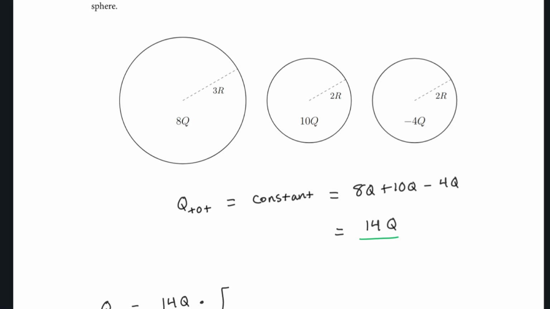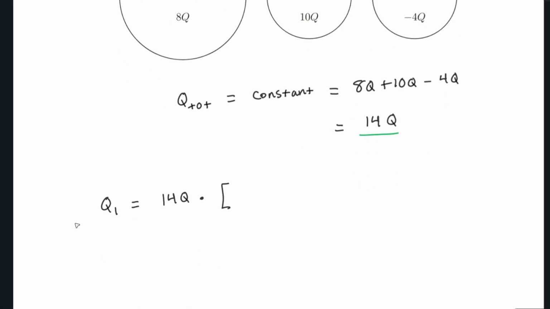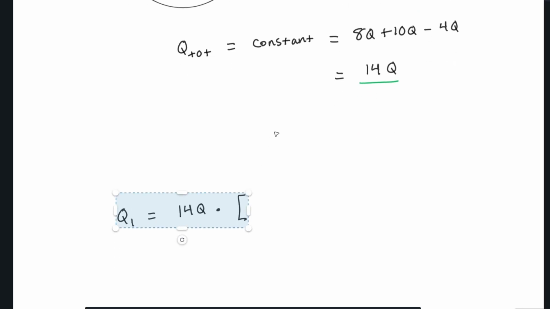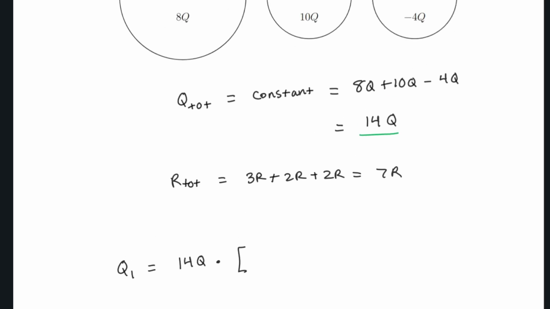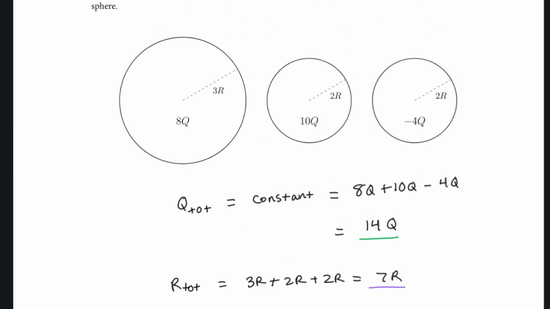So that means that our effective system radius is 3 plus 2 plus 2, which is 7 R's. Oh, that's very suspicious looking that we have a 7 and a 14. It's almost like I wrote it that way.